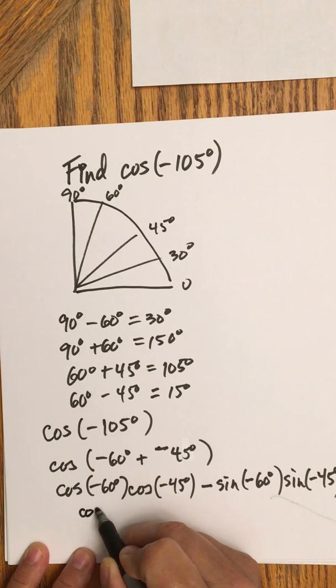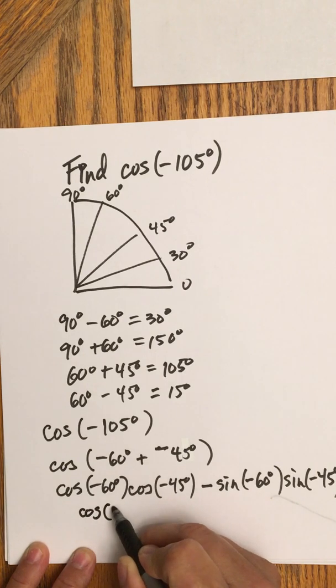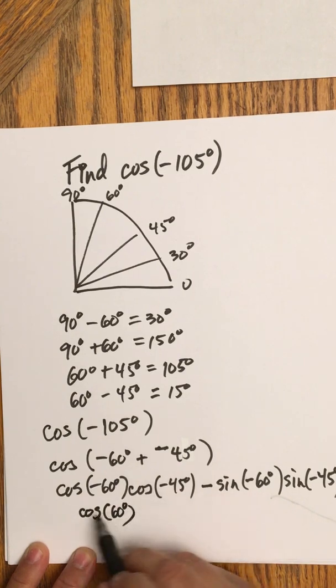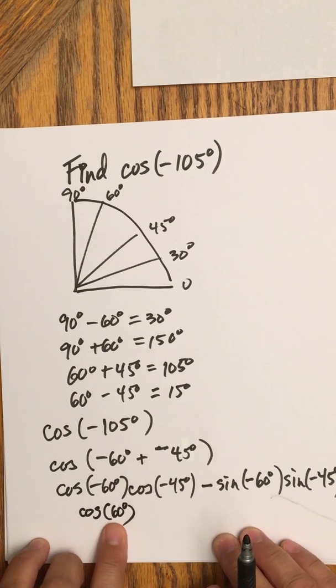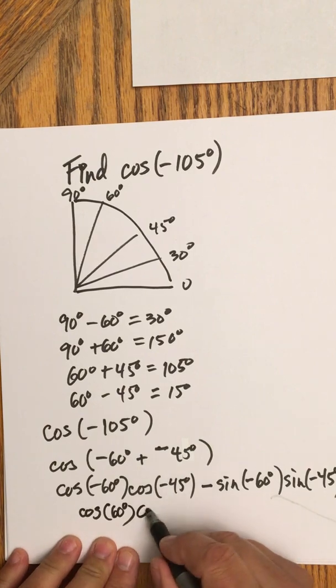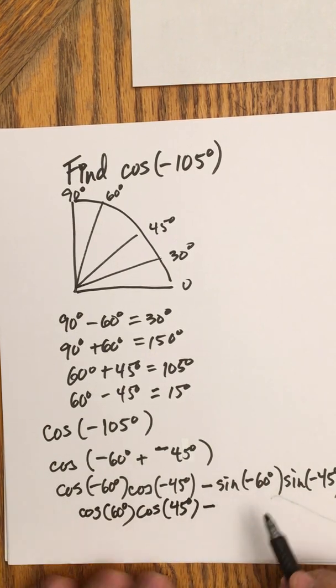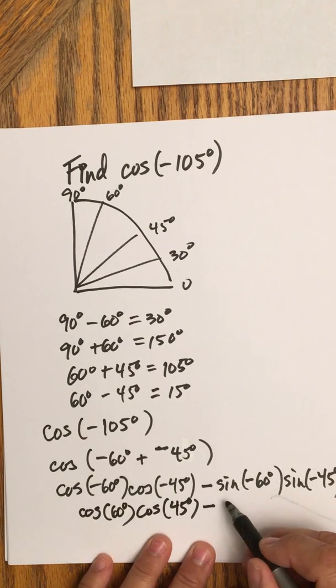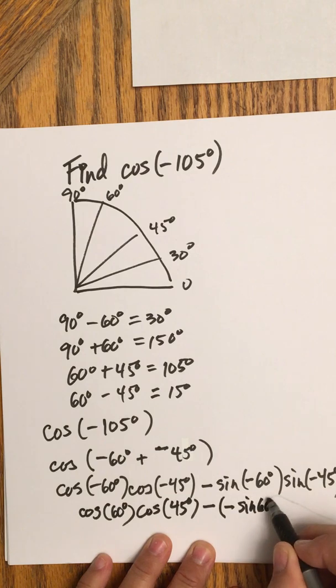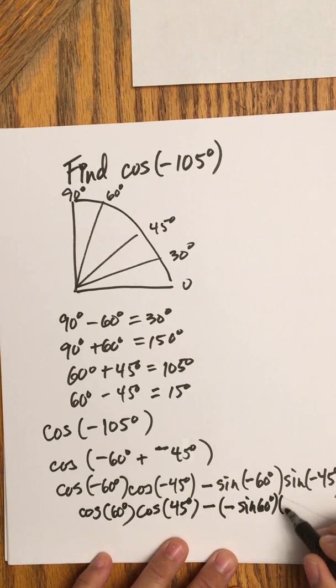Let's go ahead and use the even and odd, just because it's extra practice. So cosine of a negative angle is the same thing as cosine of the positive angle. And then minus sine of a negative angle is the negative of the sine of the positive angle. That's the odd function. So this would be negative sine 45 degrees.